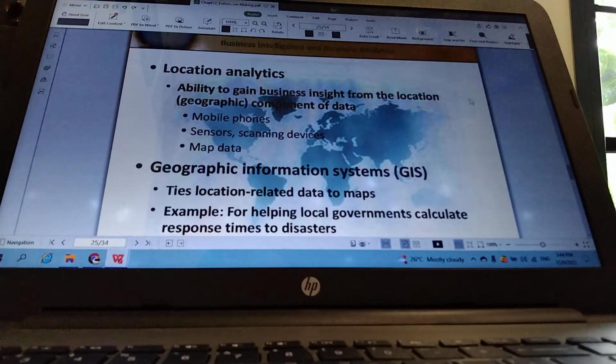So location data is very critical for analytical purposes. We do have what we call GIS or GPS systems, owned by some organizations or firms, which provide such data for many purposes, for decision making and so on.